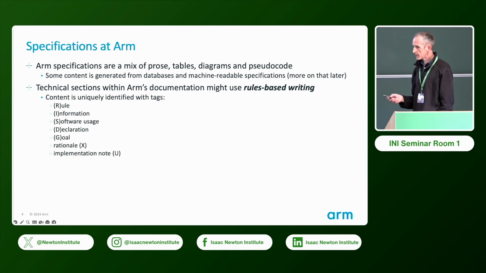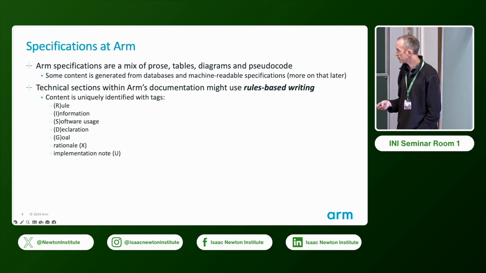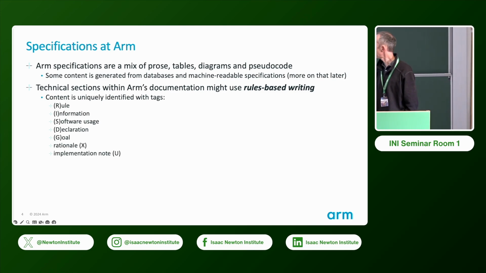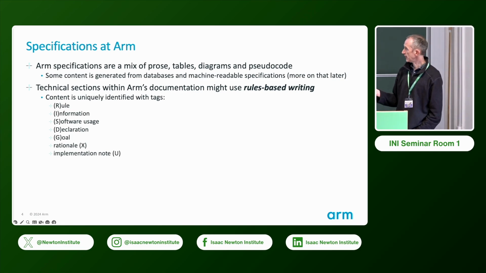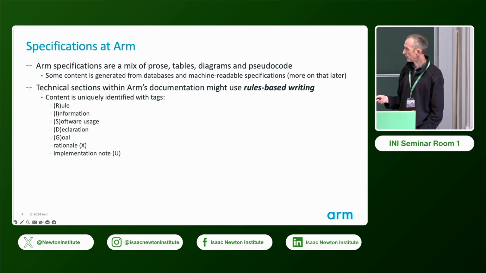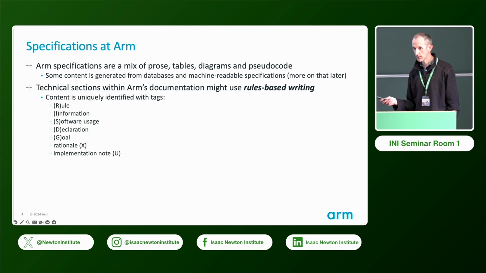But the prose does vary. Some of it is just open prose, just descriptive prose, but actually the more technical sections make use of something which we call rules-based writing. So the basic idea there is that sections of the document are tagged with a label, and the label will give some sort of indication of some sort of category.